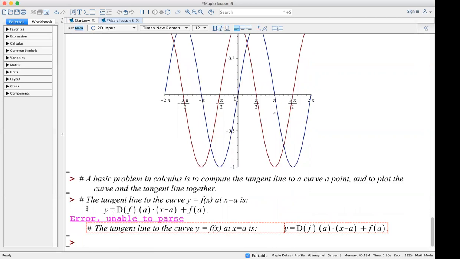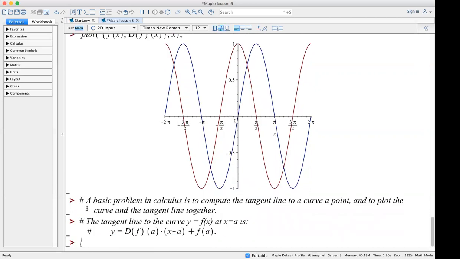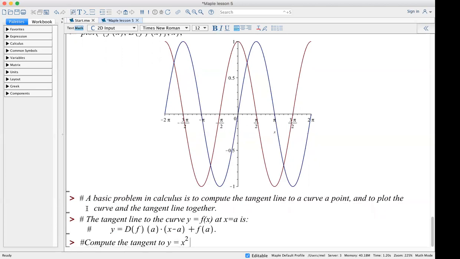So let's do some examples. Compute the tangent to, for example, y equal x squared at x equal to 2.